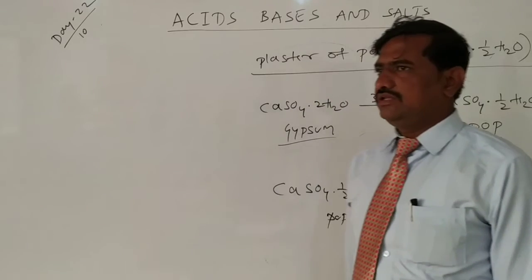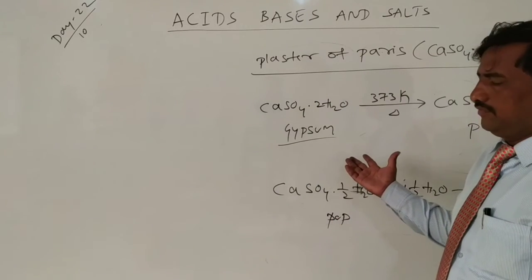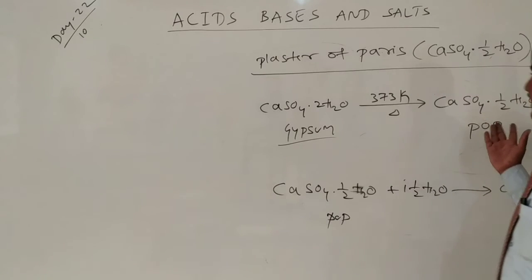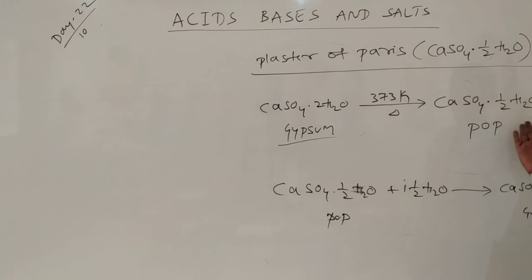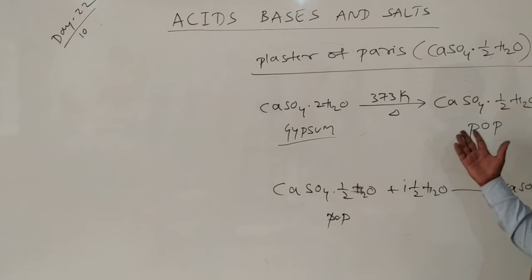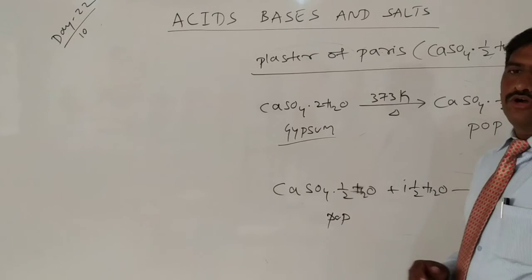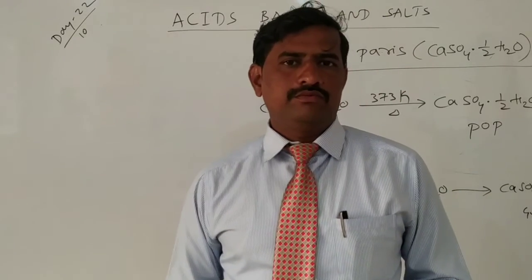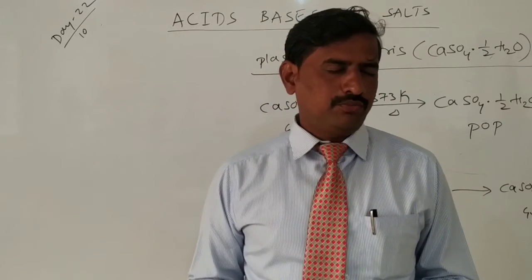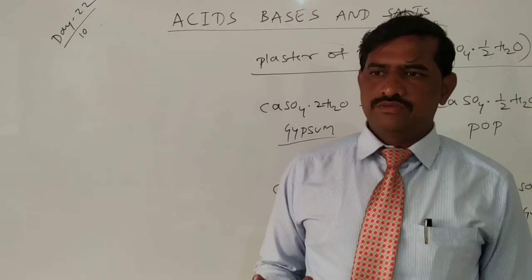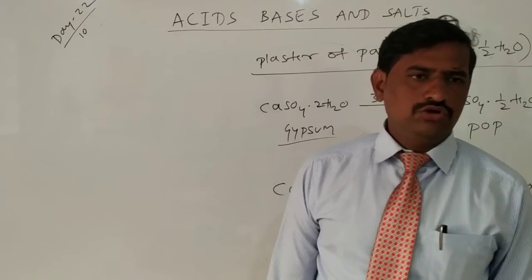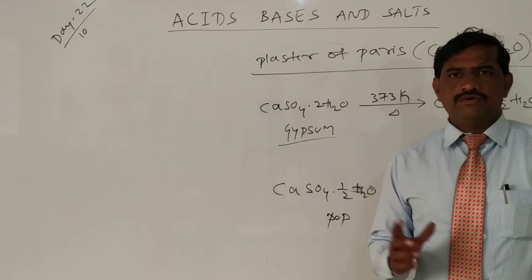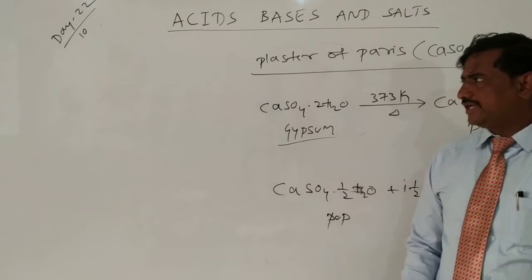Okay, the last one, that is gypsum. From the gypsum, by heating the gypsum, we get calcium sulfate hemihydrate, that is POP. This POP is used by the orthopedicians for plastering to support broken bones. And also the POP is used in the manufacturing of statues and so on.